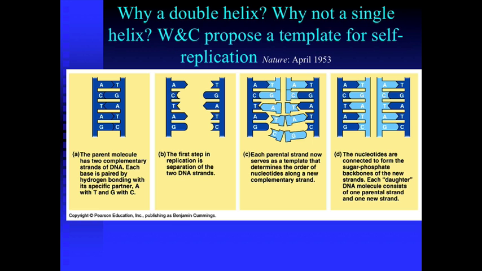So each original strand will serve as a template, or at least that's what Watson and Crick were proposing as they described the structure of the molecule as a double helix, because apart from that idea, there's really no reason for DNA to be a double helix.